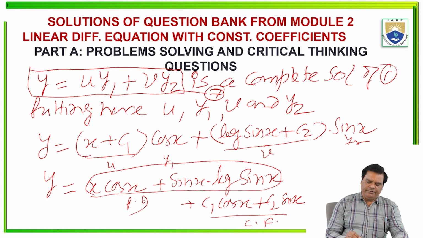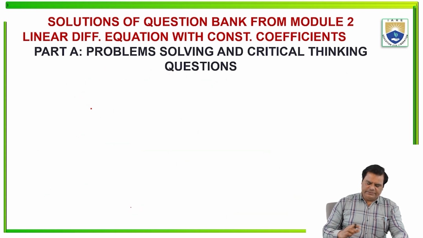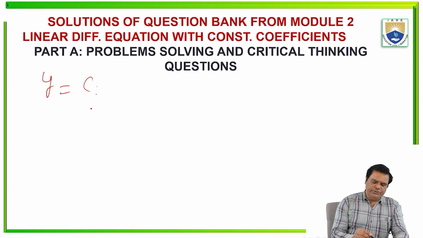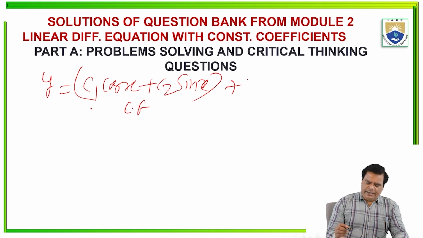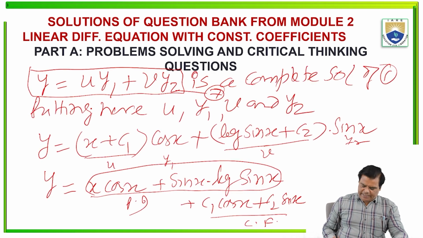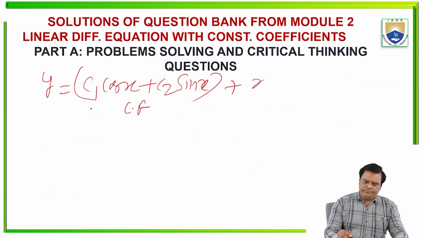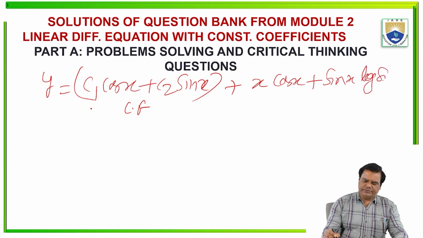So the final answer is y equal to c1 cos x plus c2 sin x. This is the complementary function, CF, plus x cos x plus sin x log sin x. This is the PI, the particular integral.